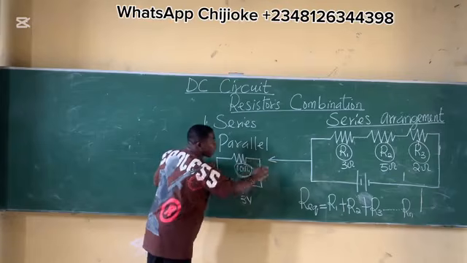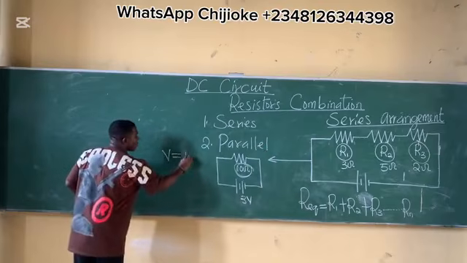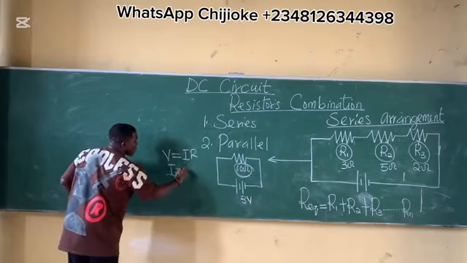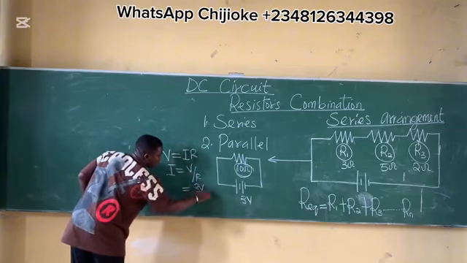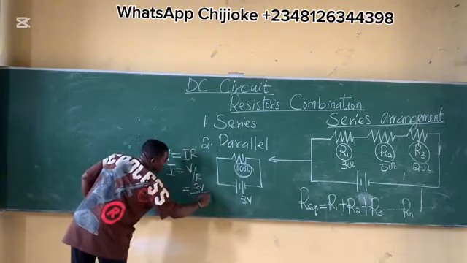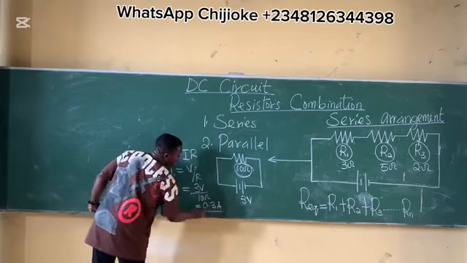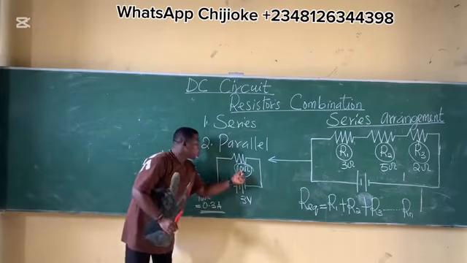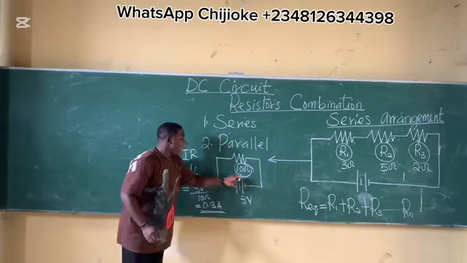So if I want to get the current across R1 or R2 or R3, from Ohm's law, V is equal to IR. My current I is equal to V over R. My voltage is 3 volts and total resistance is 10 ohms. What do I have? 0.3 ampere. If 0.3 ampere is flowing through 10 ohms, how did you get this 10 ohms?